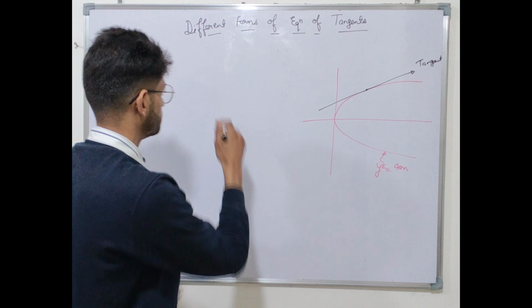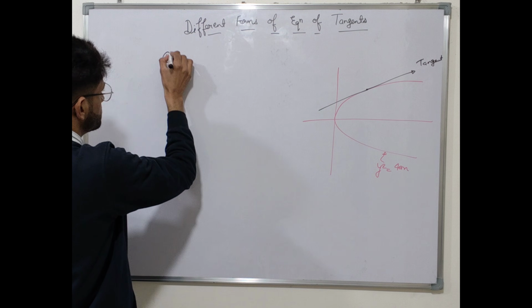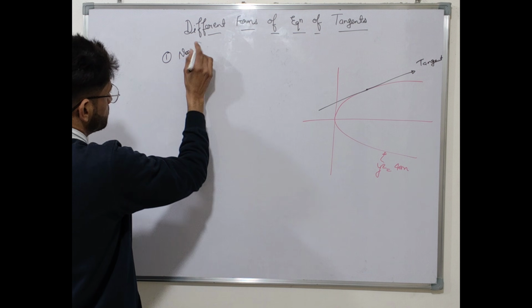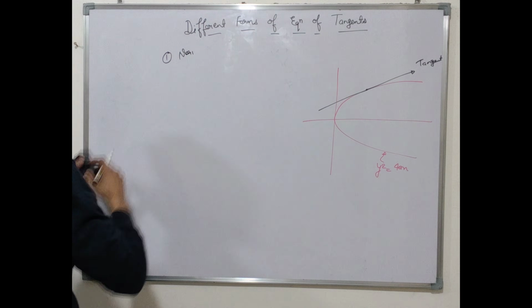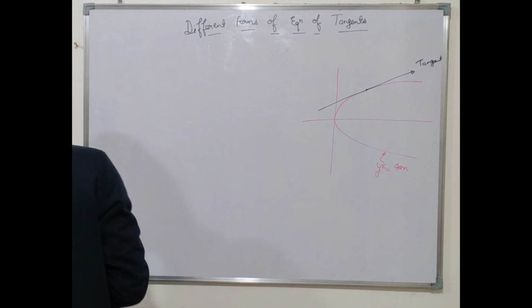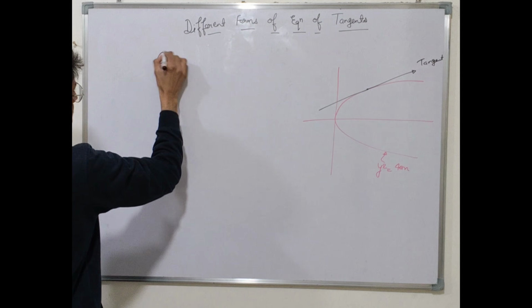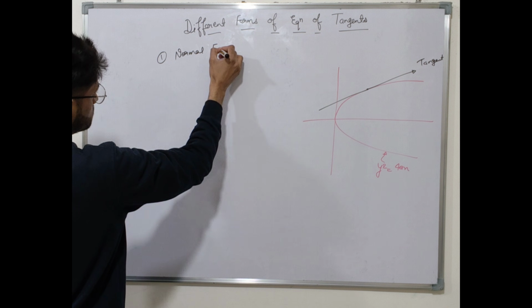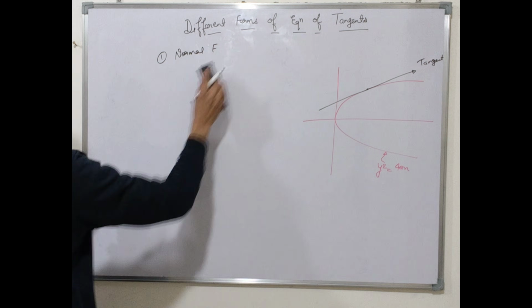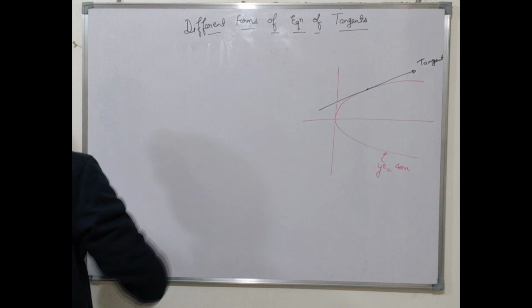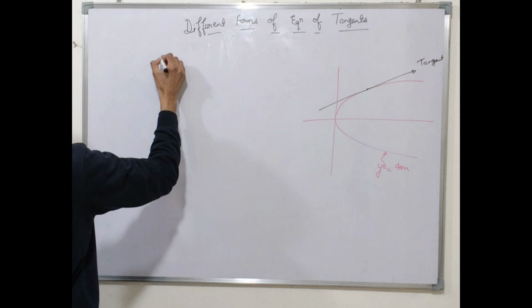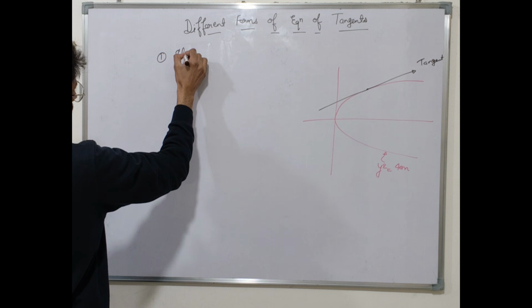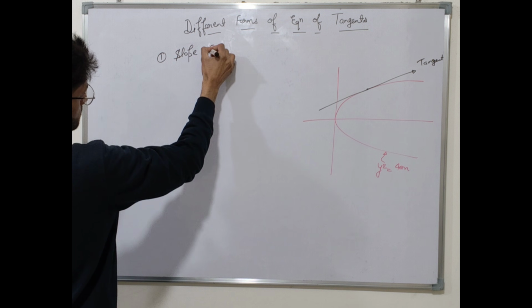So let's see our first form as slope form of tangent.